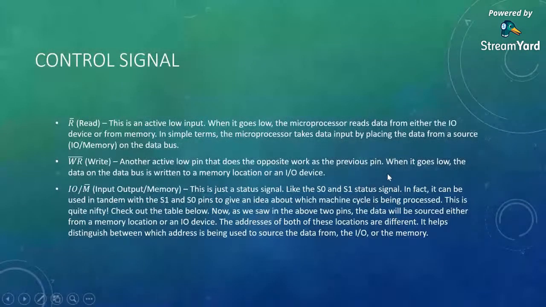Okay, so write is another active low pin, which works opposite to the previous pin. When it goes low, the data bus is being written to a memory location or an input-output device.